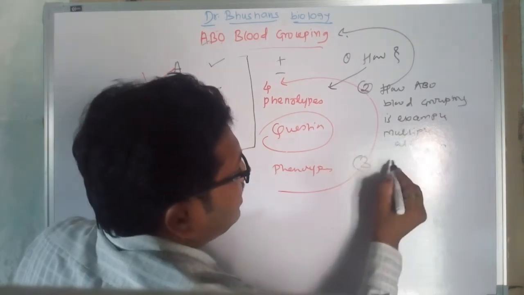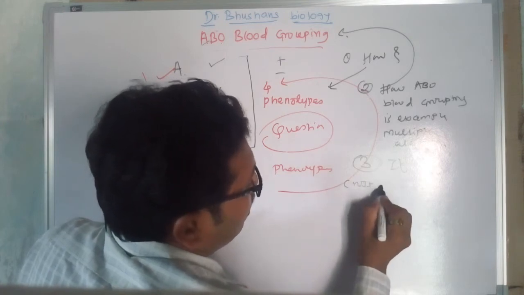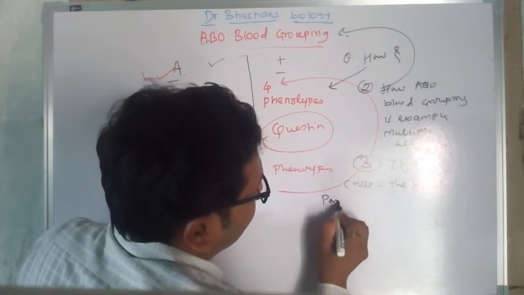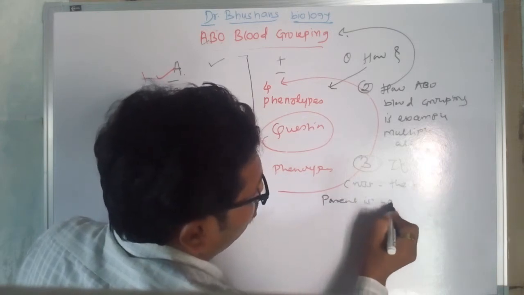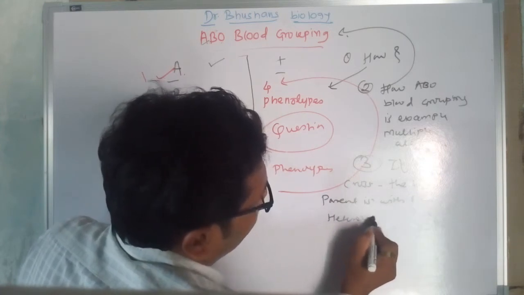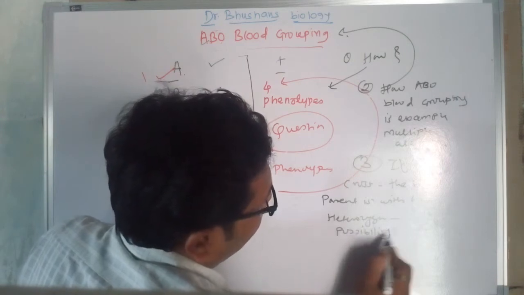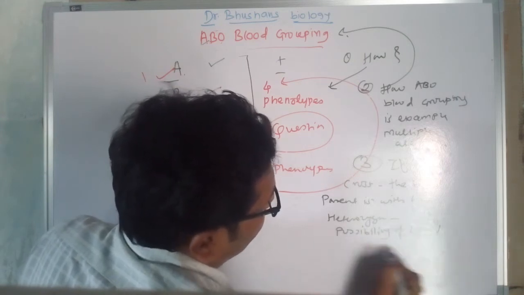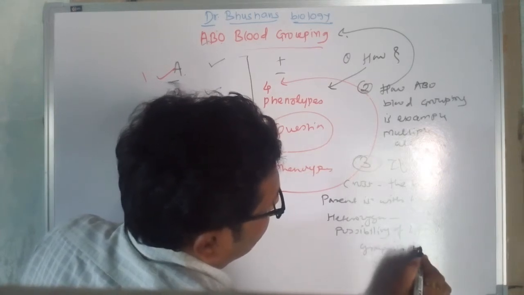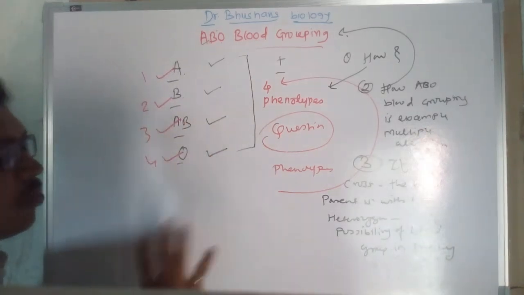The third question is, if a parent has a homozygous blood group or a heterozygous blood group, then what are the possibilities of blood group in the progeny? These are the questions we have with us, so we are finding the answers to them.